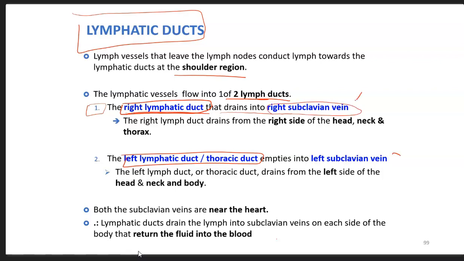So ini dah masuk kepada blood circulation. Okay, it enters into the blood circulation. Once the lymph enters into the right subclavian vein, the right lymphatic duct will drain the lymph coming from the right side of the head, neck, and also thorax.